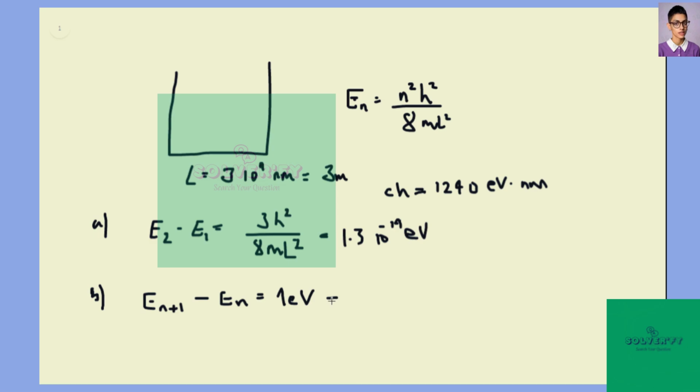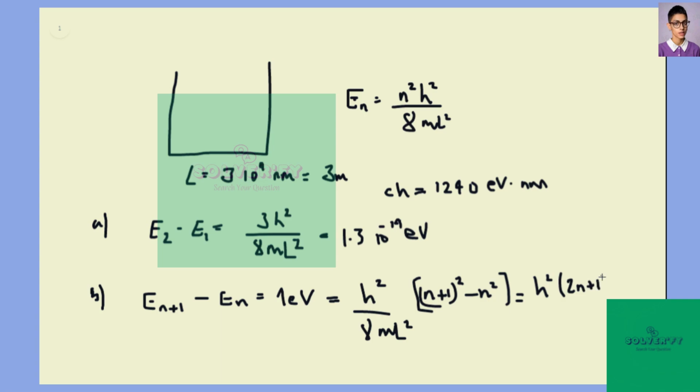Now, this is again equal to h square over 8 m L square times (n plus 1) whole square minus n square. Now that's equal to h square times (2n plus 1) over 8 m L square.